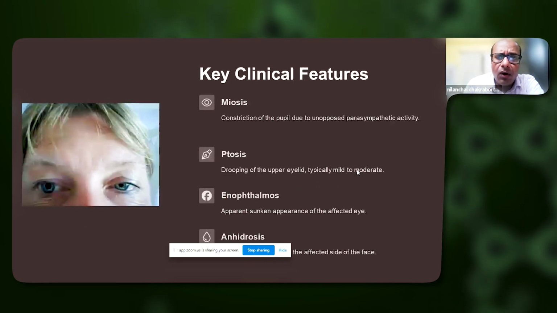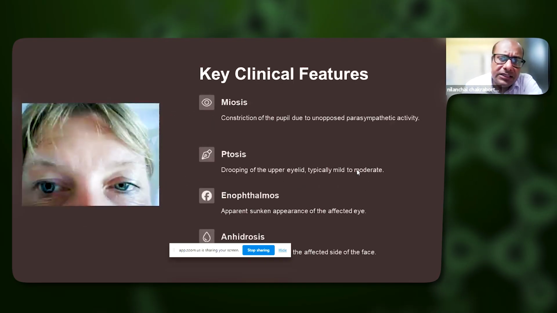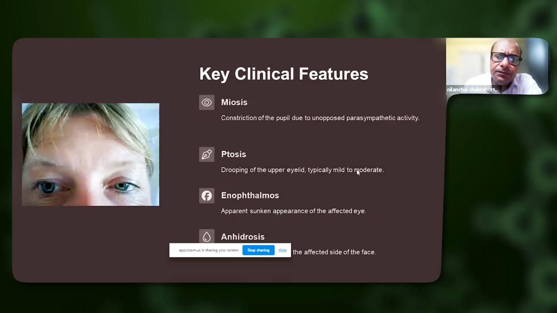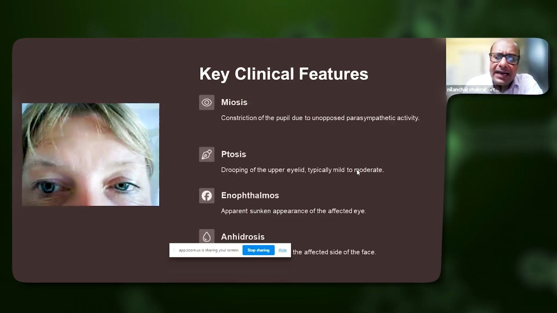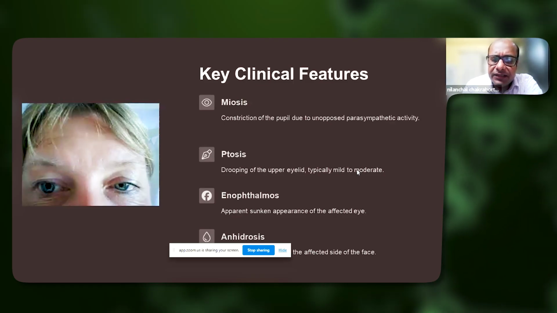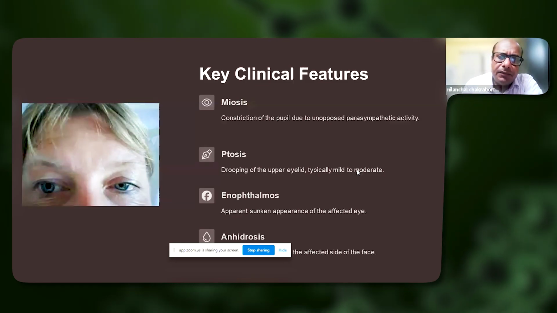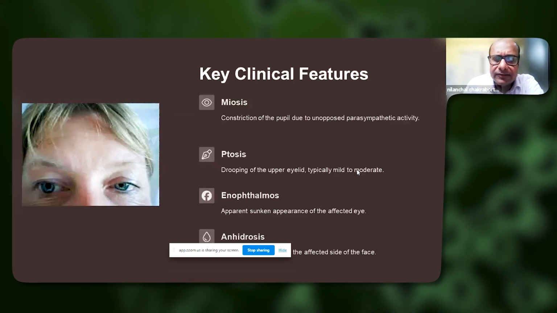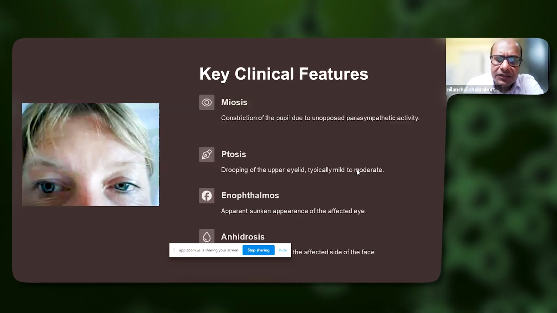Usually all these features, myosis, ptosis, enophthalmos, can be there in Horner syndrome, but the area of anhidrosis can be the leading feature. We can differentiate between postganglionic, ganglionic, and preganglionic Horner syndrome, which helps in differentiating the causes.